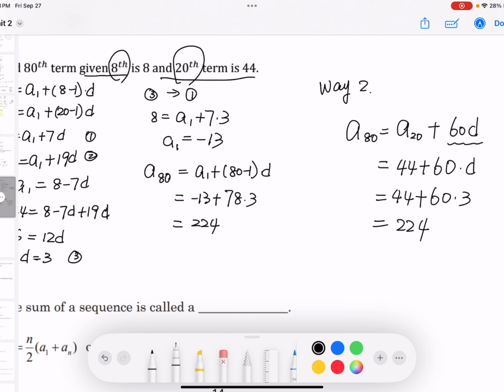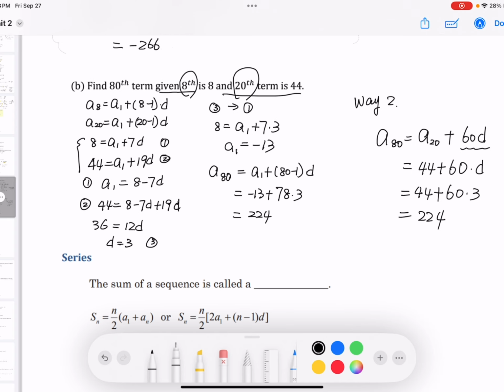So you can use either way. First one, you can solve two equations with two variables, a sub 1 and d, and then find a sub 80. You can also use this method. If I have a sub 80, it is a sub 20 plus the difference between 80 and 20, 60 times d.